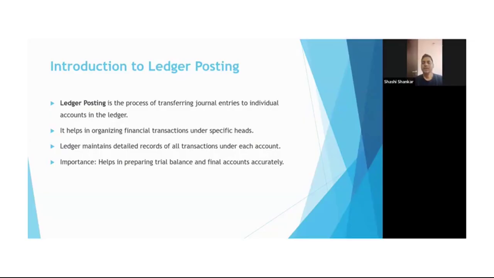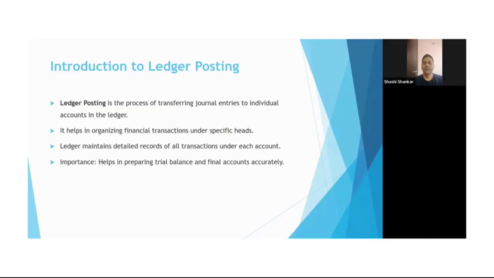Next, the ledger maintains a detailed record of all transactions under each head or each account. As far as importance is concerned, it helps in preparing the trial balance, final accounts, and also the financial statements for the different stakeholders. So it is very important to understand.